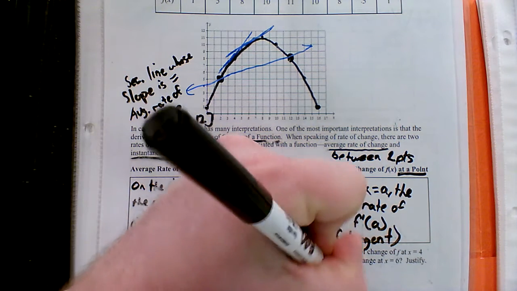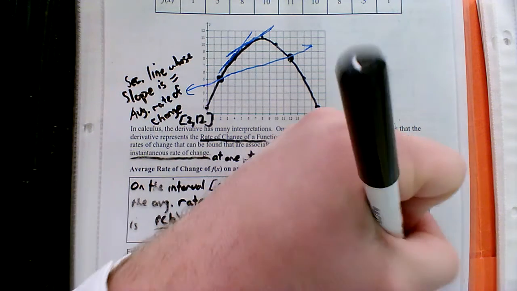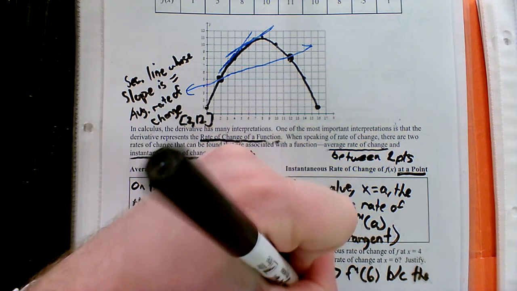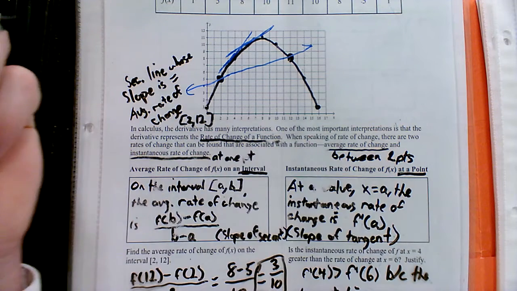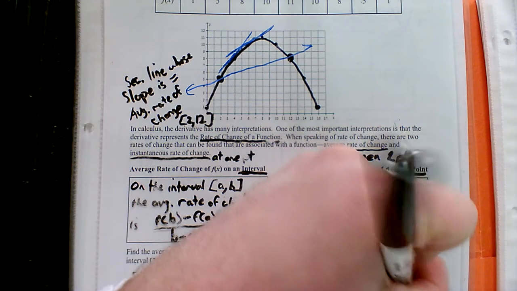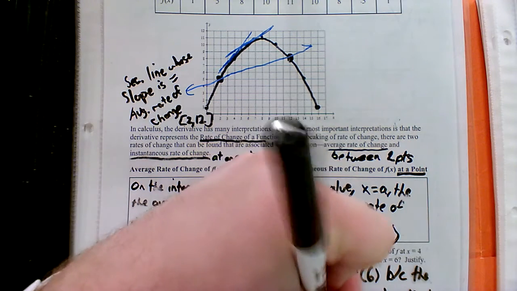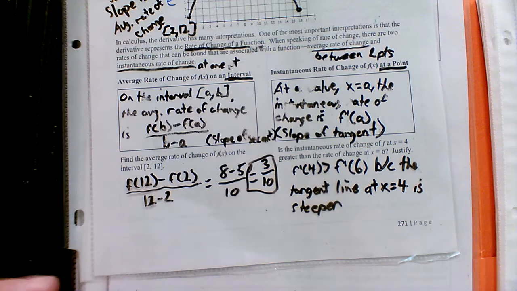So f prime of 4 is greater than f prime of 6 because the tangent line at x equals 4 is steeper. Very good. The derivative at 4 is greater than the derivative at 6 because the tangent line at x equals 4 is steeper. Very good.